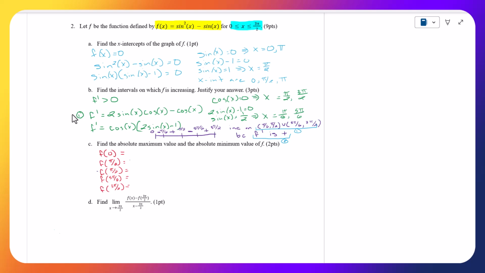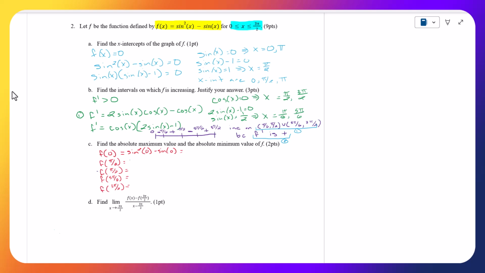I'm going to do mental math here to save myself a little bit of time. F of 0, so I'm substituting 0 into, well, I'll do the first one, and then I'll do mental math for the other ones, just so you can see my process. We're doing sine squared of 0 minus sine of 0 equals, sine of 0 is 0, so 0 minus 0, this is just 0.